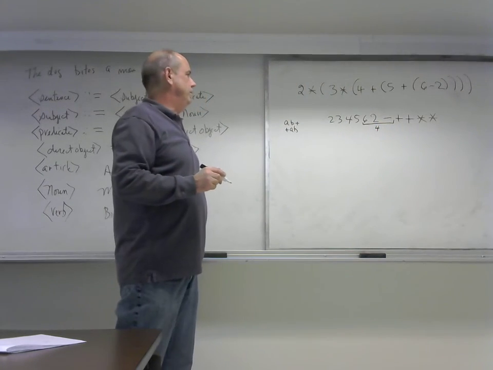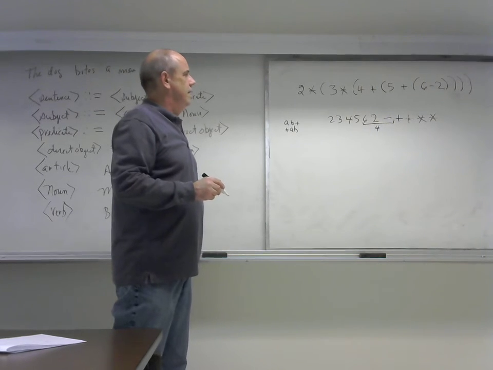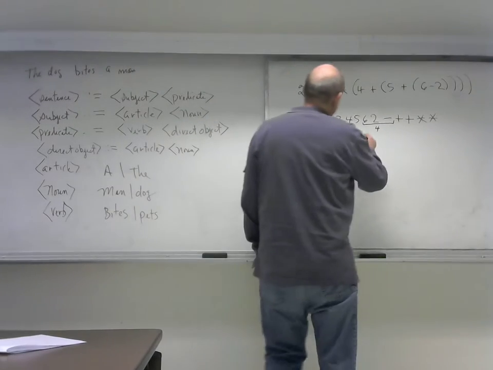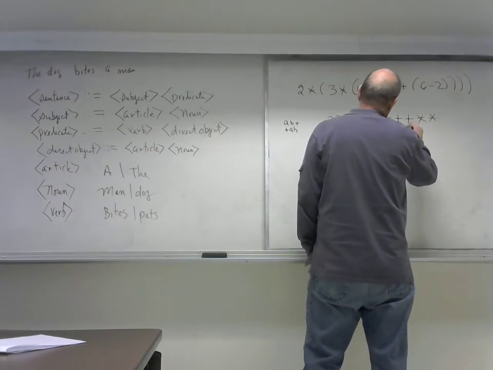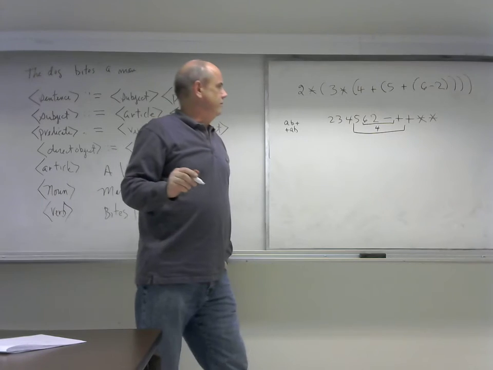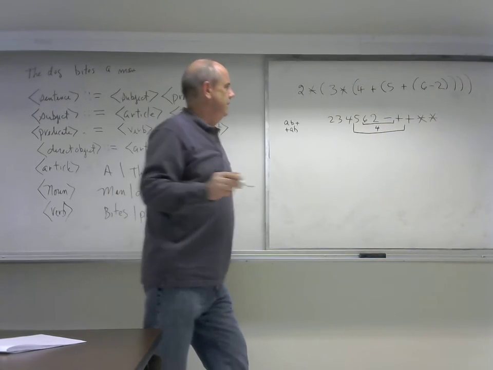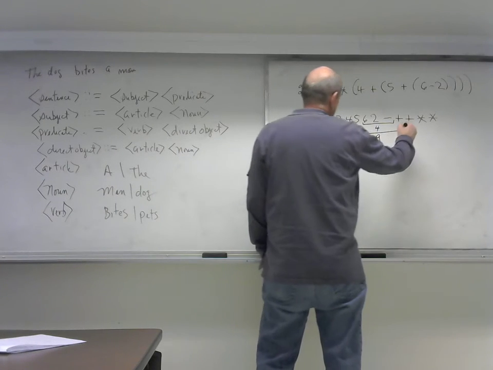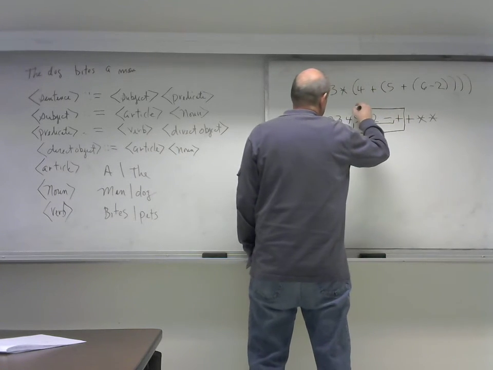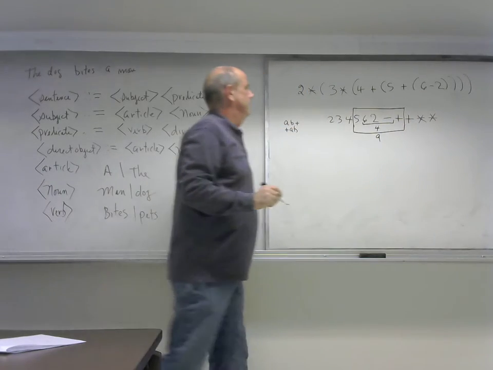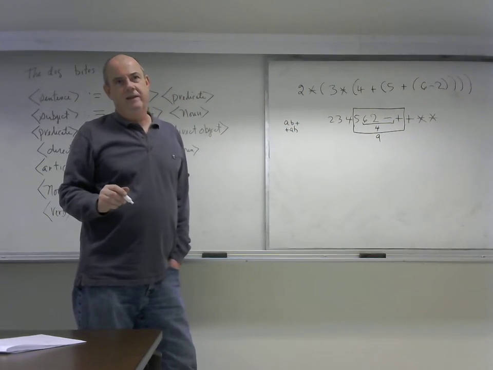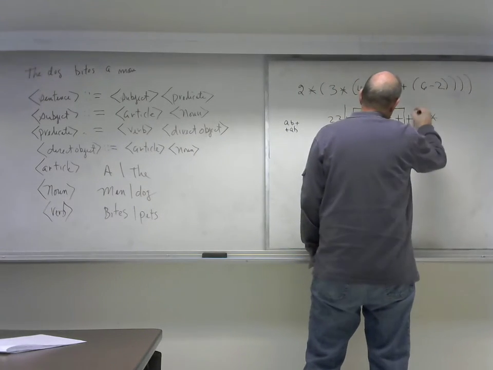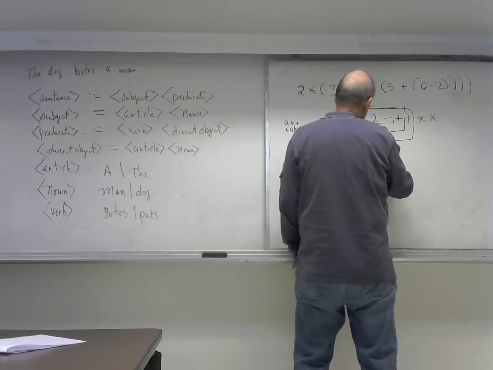You now have 2, 3, 4, 5, 4 plus plus times times. So you have 5 and 4 and a plus, and 5 plus 4, of course, is 9. So you've got all of this taken care of now. So we have 4, 9 plus. And that gives us, what, 13?